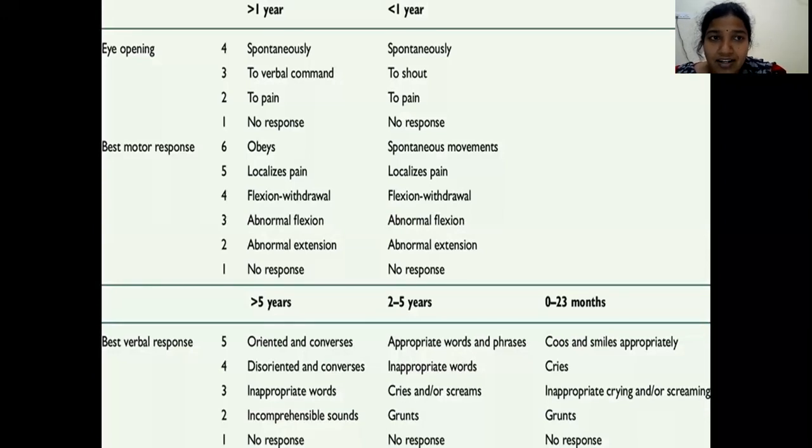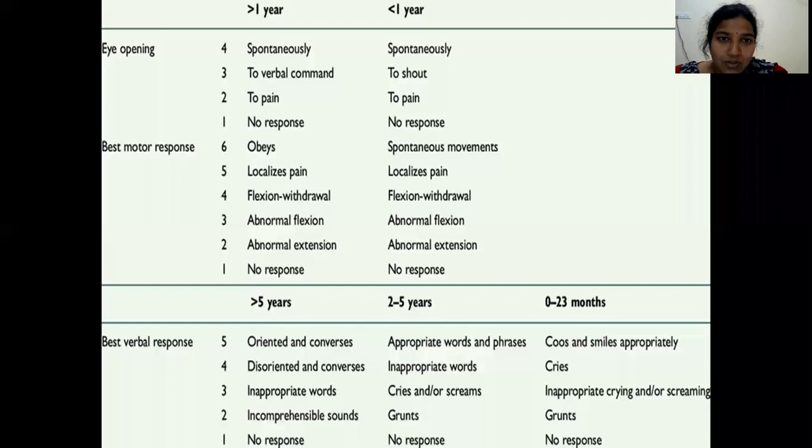The minimum score that we can give a patient is 3 and the maximum is 15. At the minimum the child is in deep coma, anything less than 5 is deep coma, and 15 is normal. Okay, so the first component is eye opening.